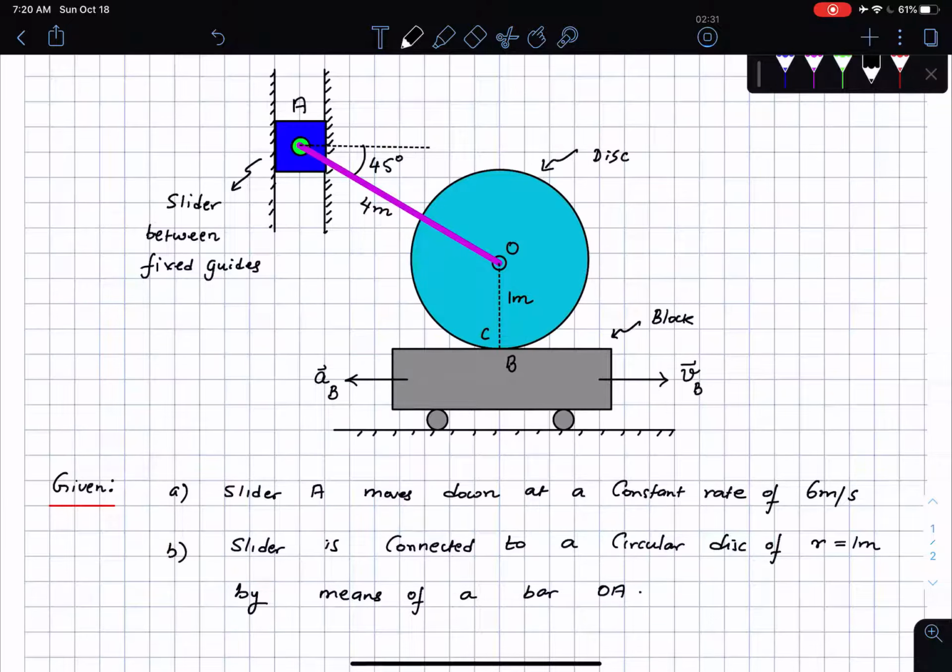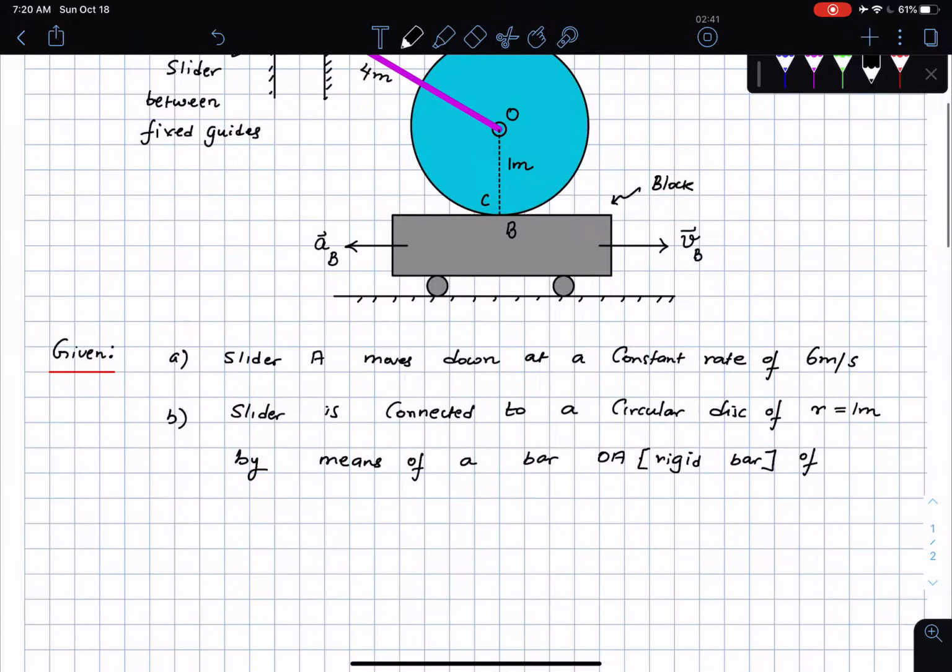Okay, and this bar is a rigid bar. Okay, so let's write that down. So rigid bar of length 4 meters.